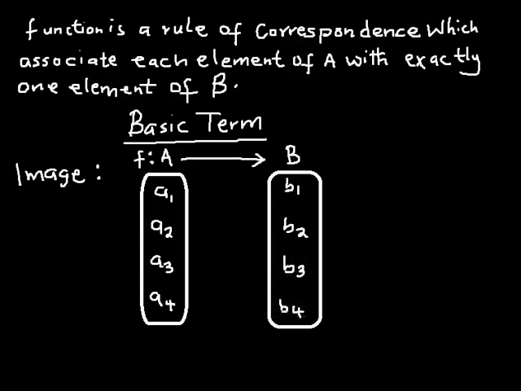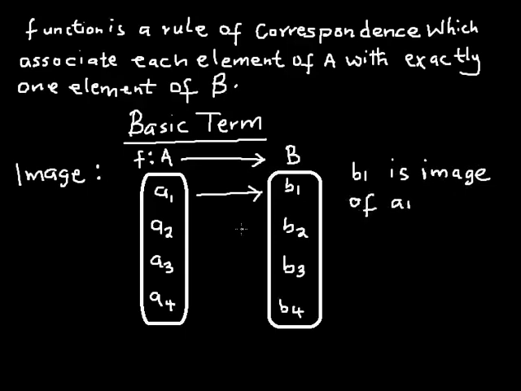So let's start our mapping. Let's say I map A1 to B1. It simply means that B1 is the image of A1.